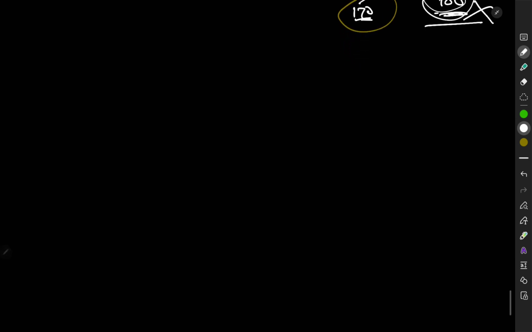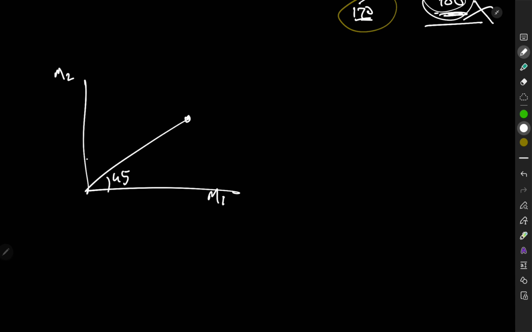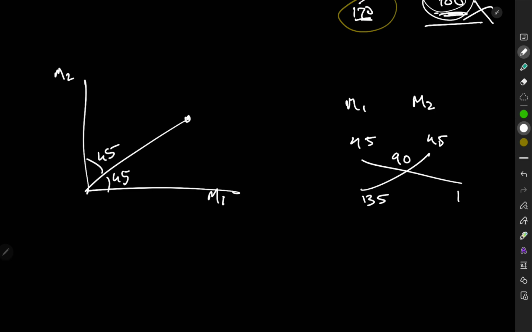And there is also another exceptional case. If it's 45, 45, and this is mirror 1, mirror 2, 45, 45, 90, 135, 135. Fine. Moving further, 90, 185, 165. Okay. So in this case, just see, this is a 90 degree angle.